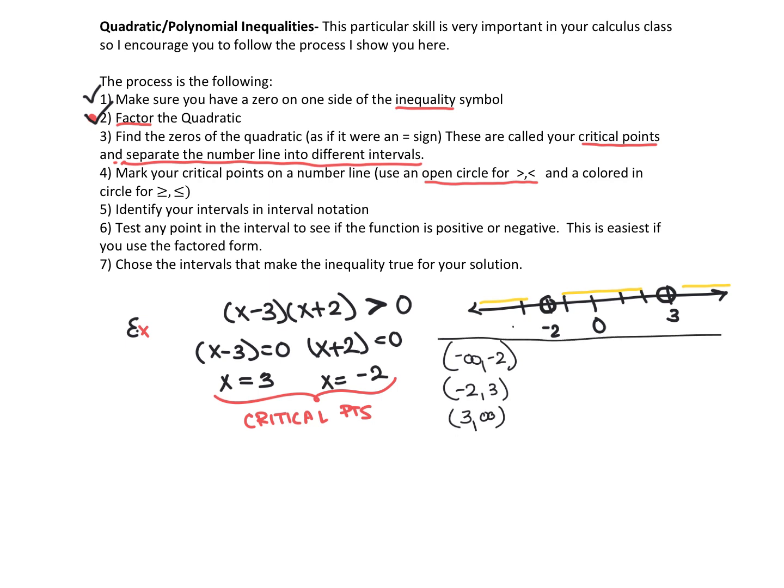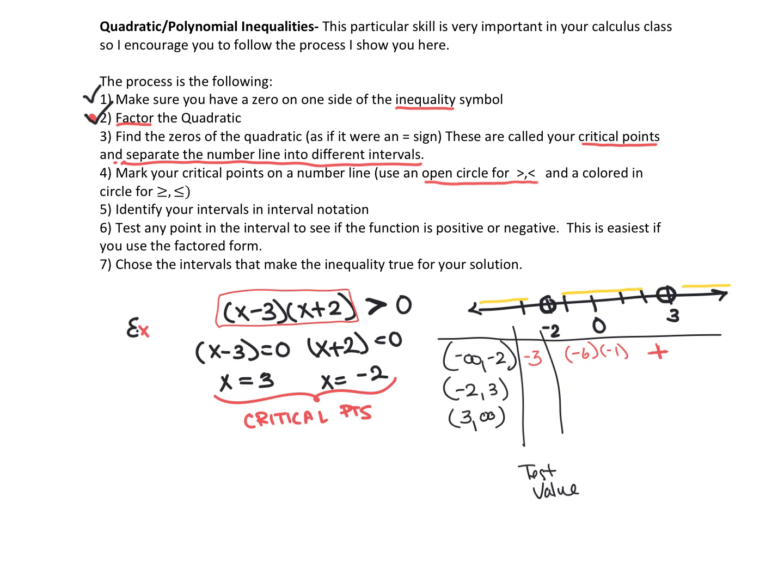What I want to do is find a test value. The test value can be anything that is in the interval. For negative infinity to -2, I'm going to test -3. When I plug -3 into this inequality, I get -6 times -1, and that's positive.